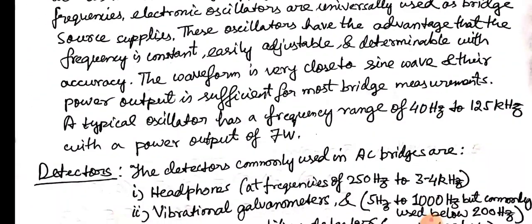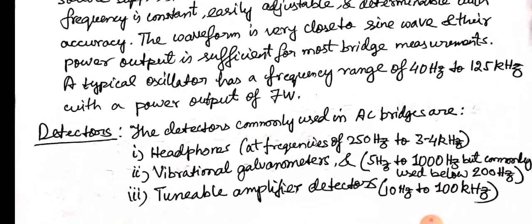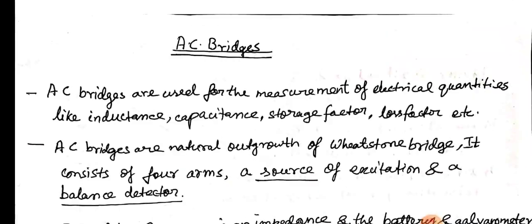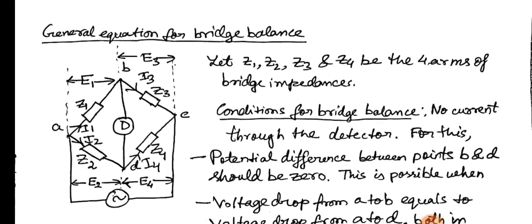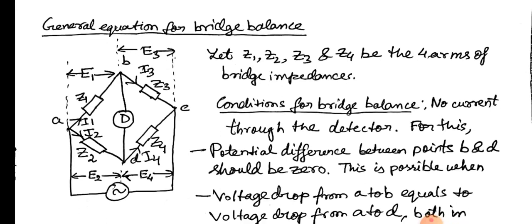Next we will move on to the generalized bridge equation that we have already done in case of the Wheatstone bridge method. So the general equation of bridge balance we will see. First we will draw the bridge, just in place of P, Q, R, S as it was in Wheatstone bridge, we will draw Z1, Z2, Z3, Z4, the four impedances in the bridge arms.